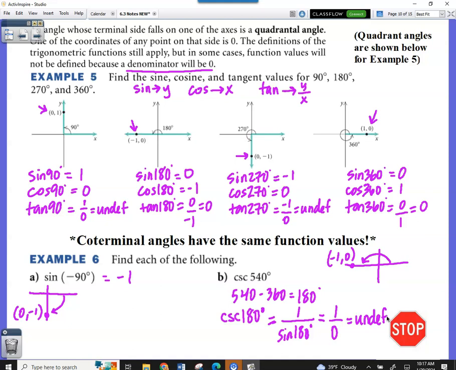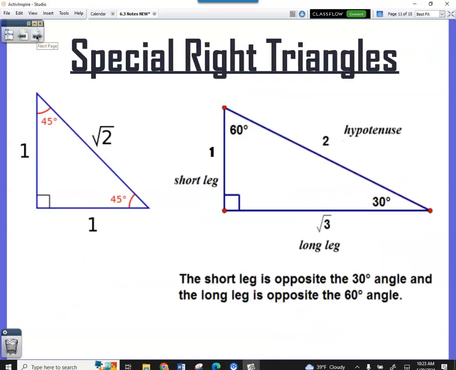Wait. Go to this slide right here. This should look familiar, right? You found these trig functions in 6.1, I think it was.